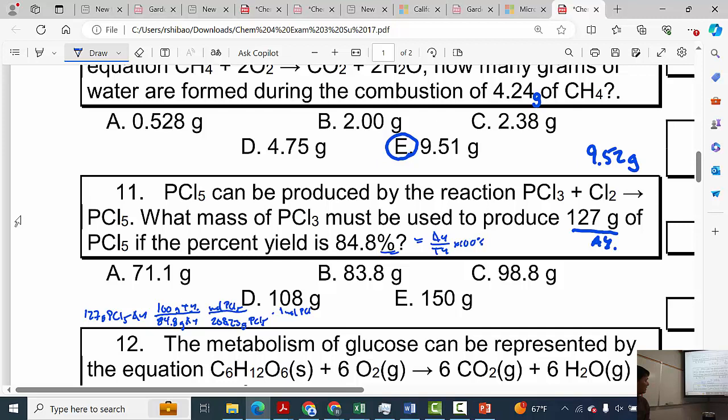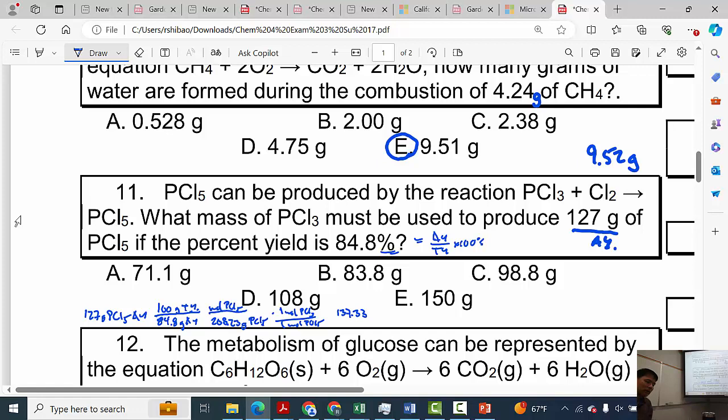PCl5 per mole. And then the PCl3. So what's the mole ratio? 1 to 1. So 1 mole of PCl3 per 1 mole of PCl5, and then the molar mass.